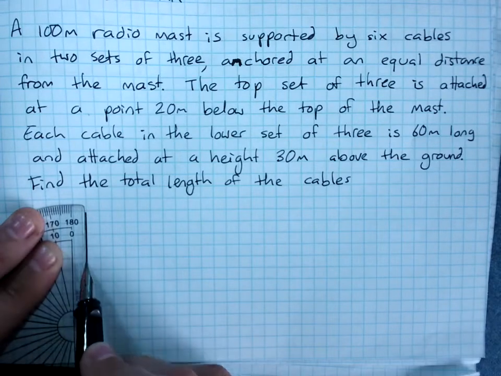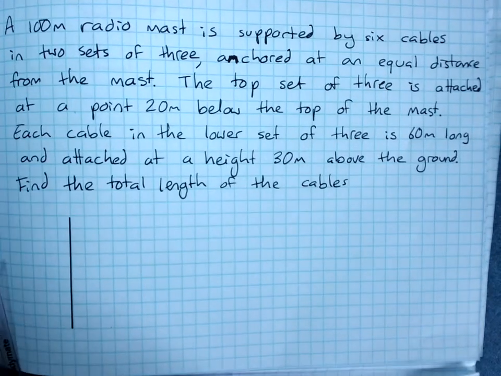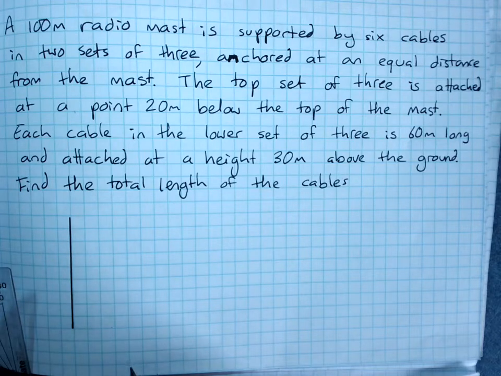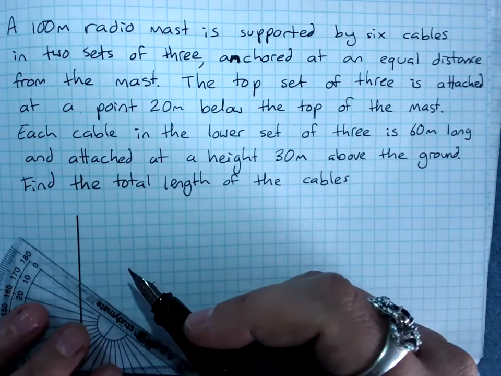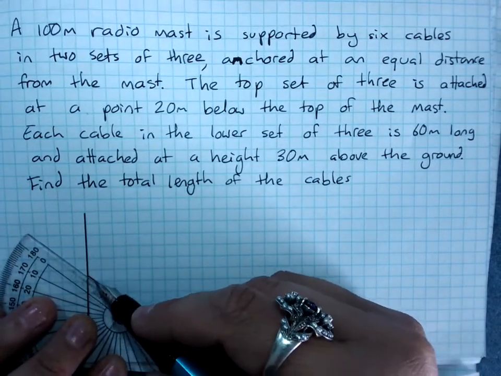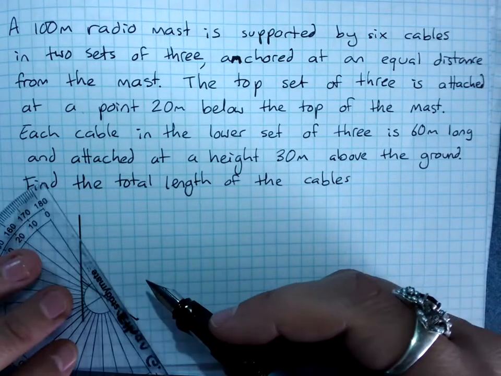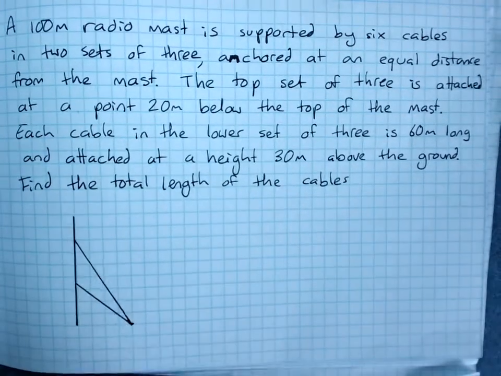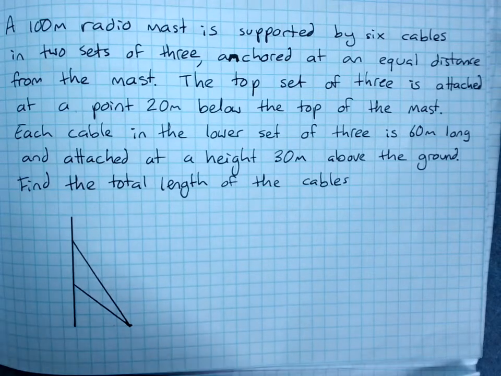So here is your radio mast, and in 3 directions out come 2 cables to the same point. So that is, if we looked at one of the pairs of cables, they go like this. And there's 3 sets of those.